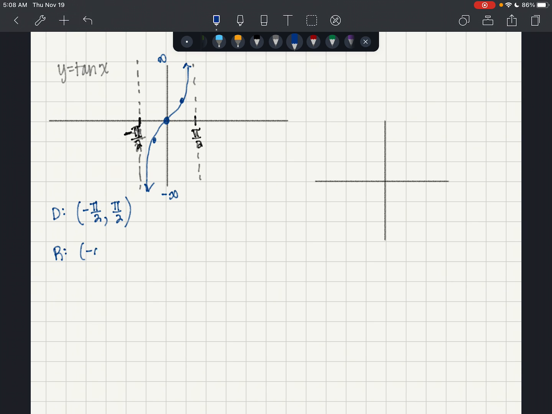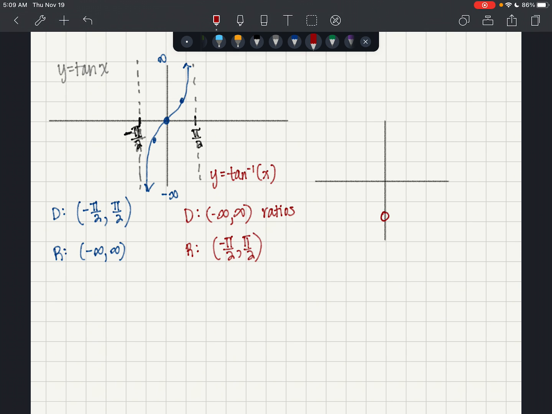And then the range goes from negative infinity to positive infinity. So when we create the inverse function, the domain of the inverse function is negative infinity to positive infinity. Those are the ratios that we can put into the inverse function. And we get out angles that fall between negative pi over 2 to pi over 2.